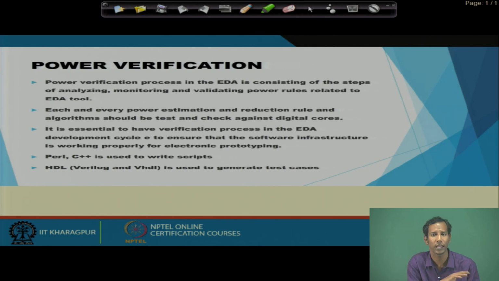Every power information will be provided to you once you run the simulation and provide all this switching activity file to the power simulator.